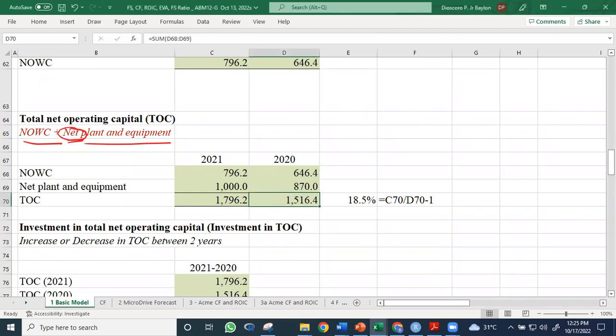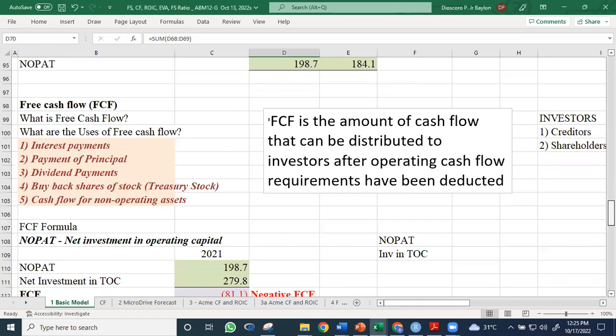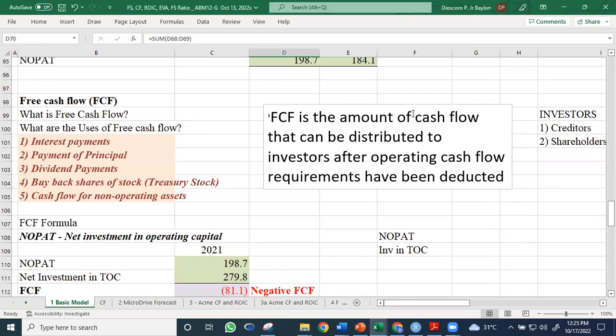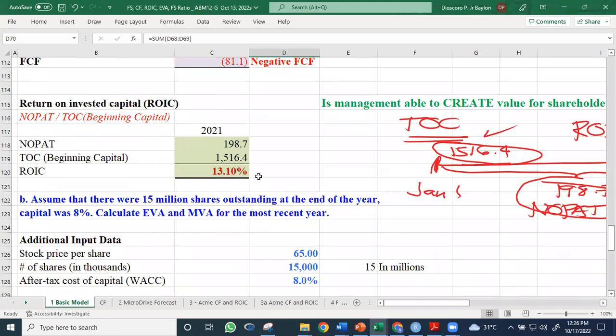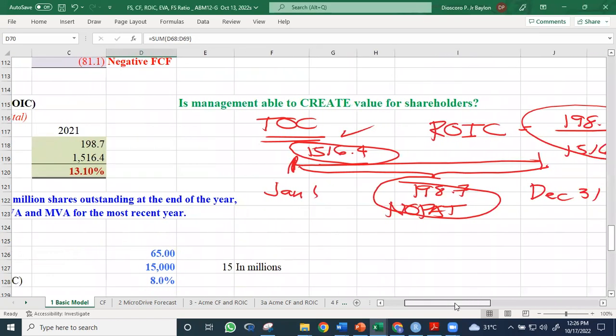Wala pa nag-chat kung nakuha niya yung 13%. I'm waiting for your chat, guys. Kung yung 13.10 nakuha nyo, and yung kwento ko nga, class, we're using the TOC beginning. Kasi ang assumption natin sa simula pa lang, andyan yung asset na yan. So andyan yung capital na to, no?